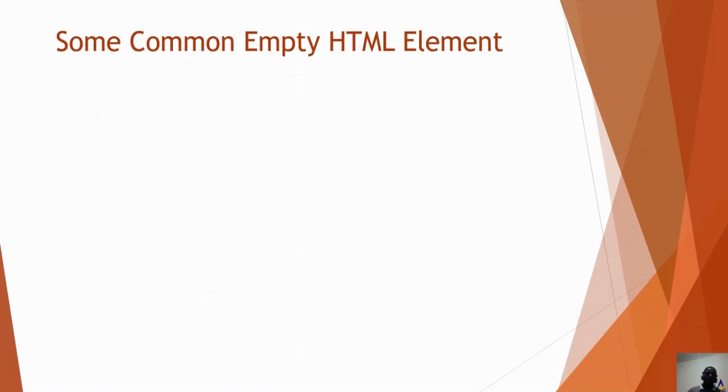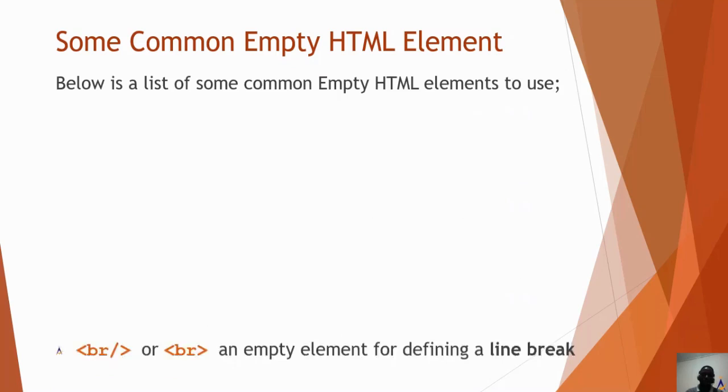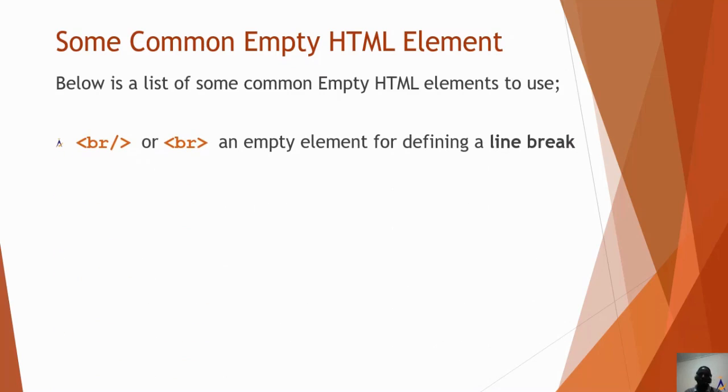Now, apart from common HTML elements, we have empty HTML elements. Those elements contain nothing inside. So you can find that they have no attribute, whereas those elements that we have covered contain attributes.